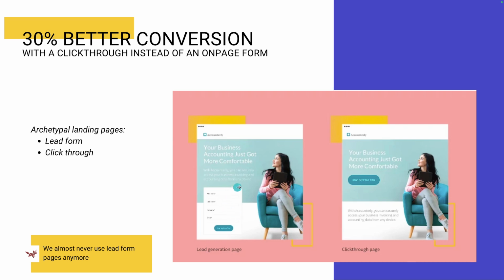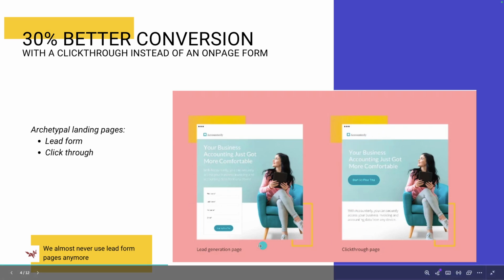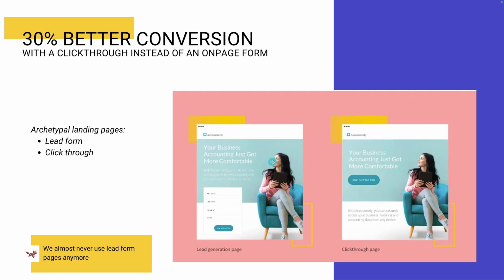So the deal is you'll actually get 30% more conversion, so 30% more people contacting you, if you make your page work like this, as opposed to working like this. Such a simple change, but in so many tests that we've done, there's up to a 30% difference between these two pages. And realistically, nothing much has changed except that you're just hiding this form behind a button. Why does that happen? Good question.